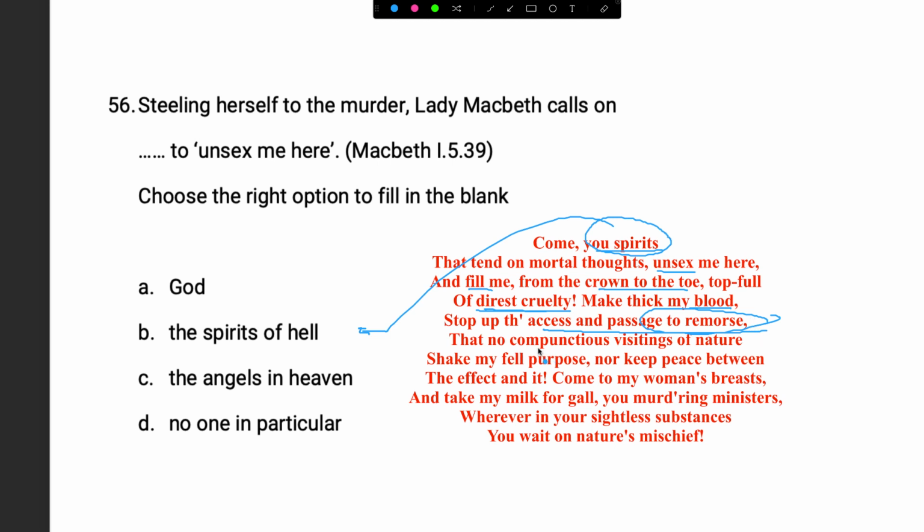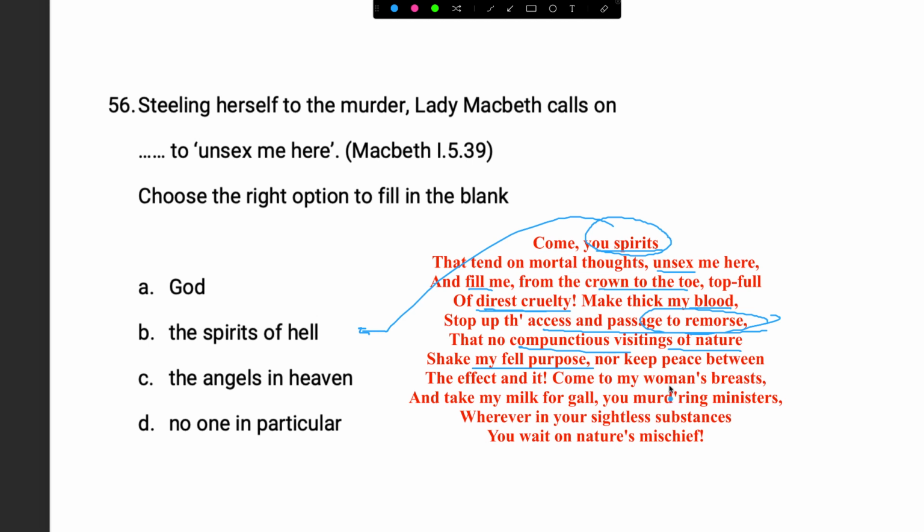"That no compunctious visitings of nature shake my fell purpose." The base purpose which she is trying to execute should not be obstructed by the compunctions. Compunctions means the feminine qualities like remorse, pathos, mercy, tenderness. So these emotions should not come in her way.